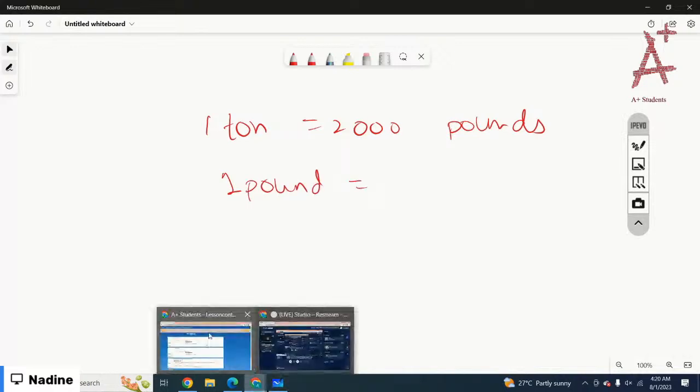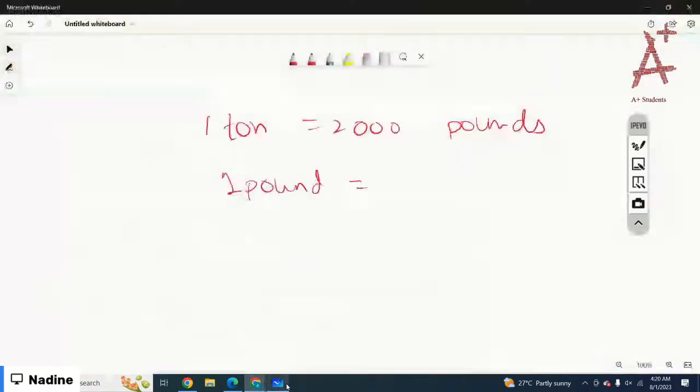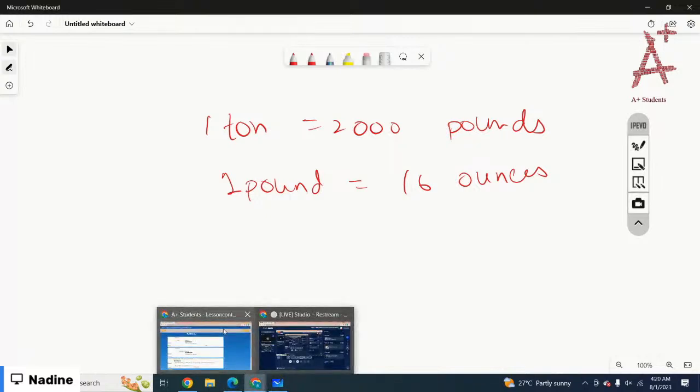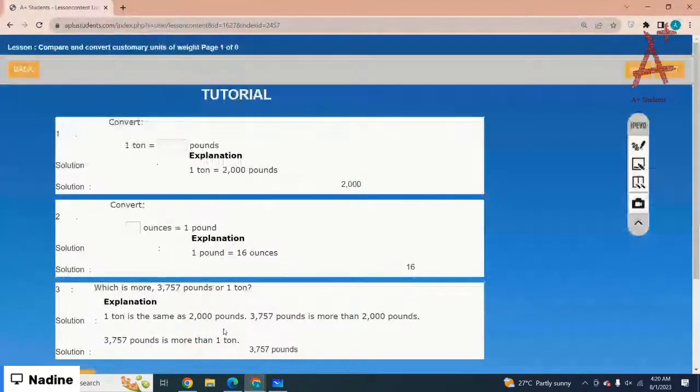Let me just confirm. Yes, 1 pound equals 16 ounces. Okay, let's just start with the practice questions. Okay, 1 ton equals 2000 pounds and in 1 pound you have 16 ounces.